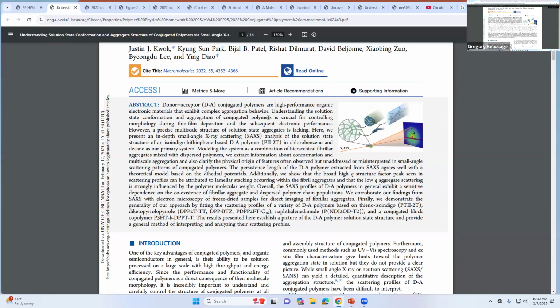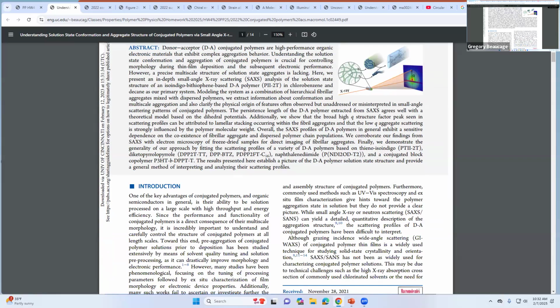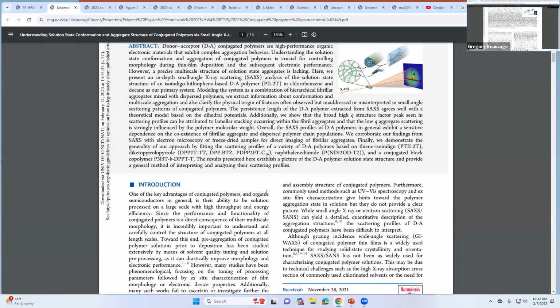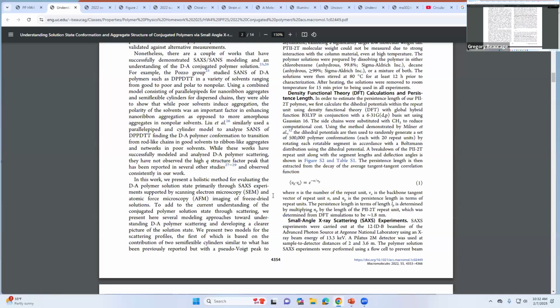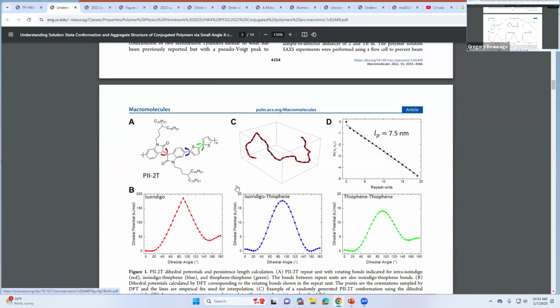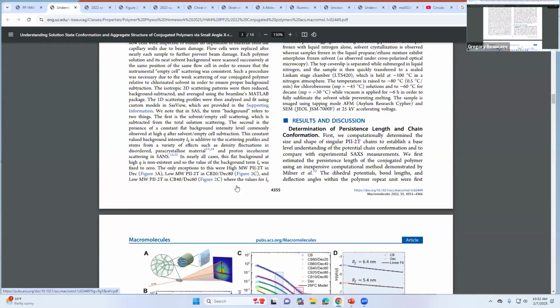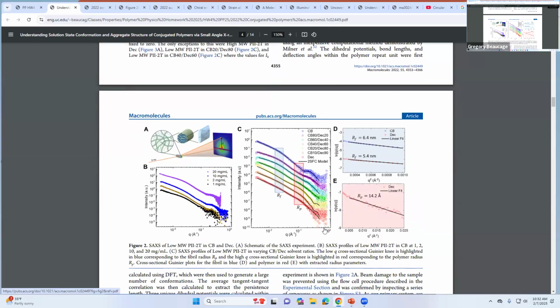So they want to know the structure of these things, so they put them in solution. They don't go into solution very easily. You have to heat it to 150 C and then put it in dichlorobenzene. Or you can also put it into Decalin, I think they use. So they have two solvents. It really likes to go into dichlorobenzene at 150.